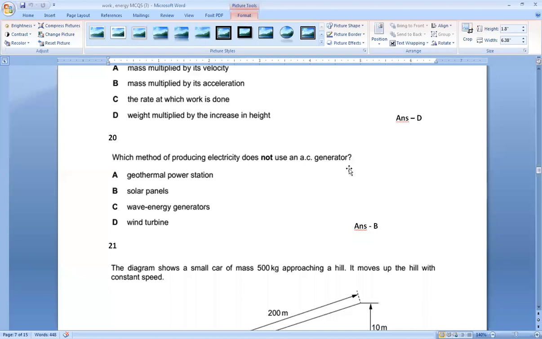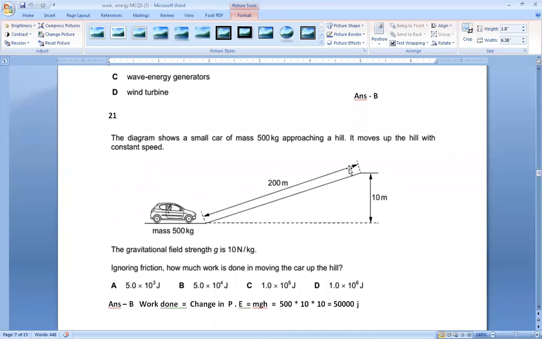Number 21 says the diagram shows a small car of mass 500 kg approaching a hill. It moves up the hill with a constant speed. Gravitational field strength is given. Ignoring friction, how much work is done in moving the car up the hill? It is the same case as lifting some object through a height of 10 meters.